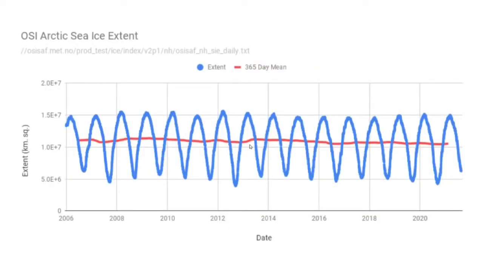Antarctic sea level extent as well. This is to do with the Arctic sea level extent. Again, this is very normal looking, nothing serious here. The Arctic is not really melting, or if it is, it's melting very, very slowly. This is completely within the realm of what the cycles of the weather do.